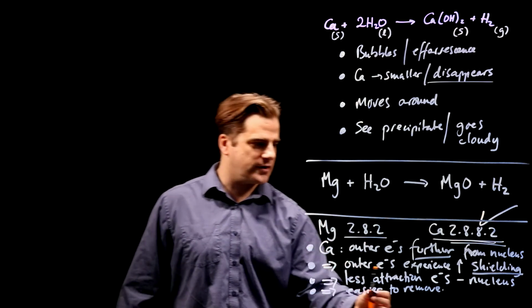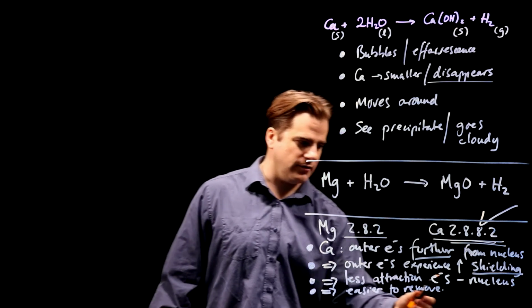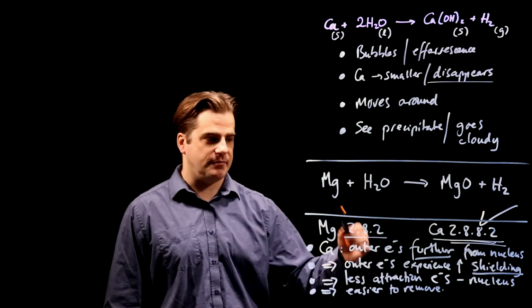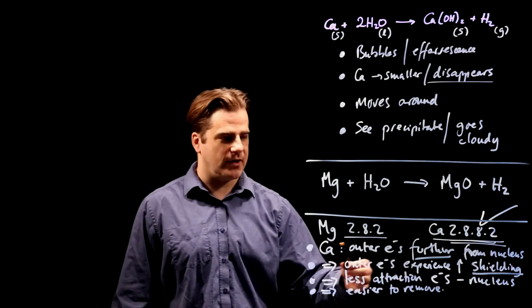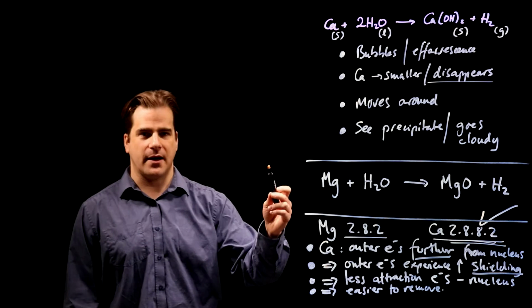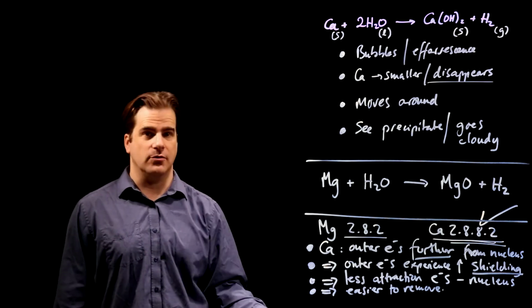But why is there less attraction between the outer electrons and the nucleus? You then have to say, and that is because the outer electrons experience more shielding, which is because it's not as nice. See, you're going backwards. It's better to use therefore and go forwards.